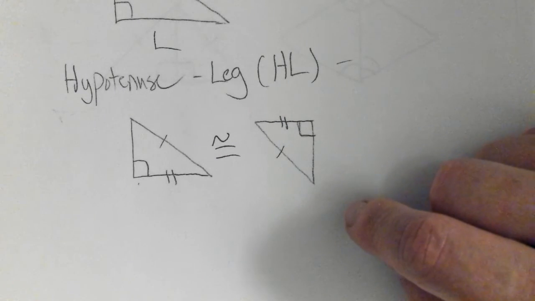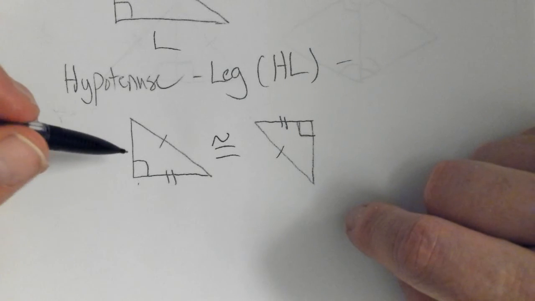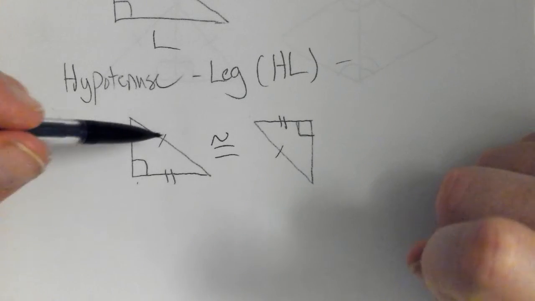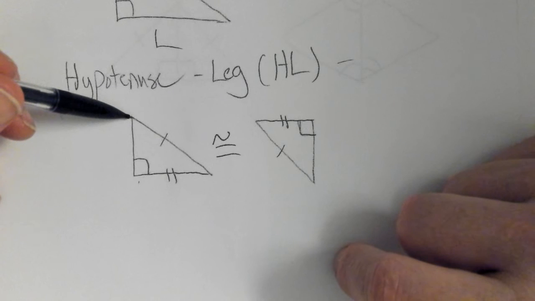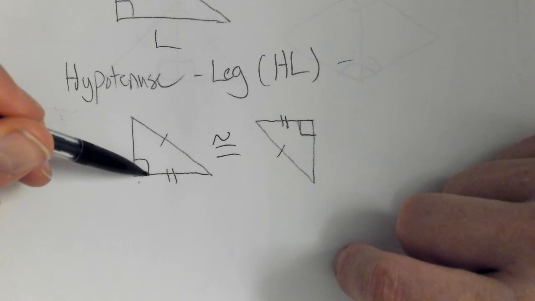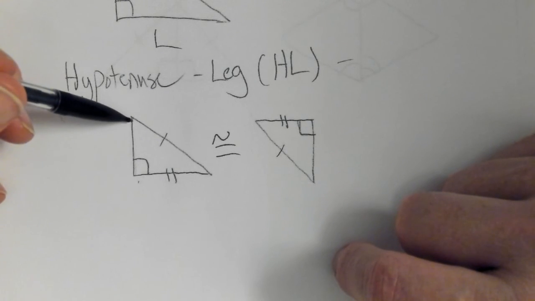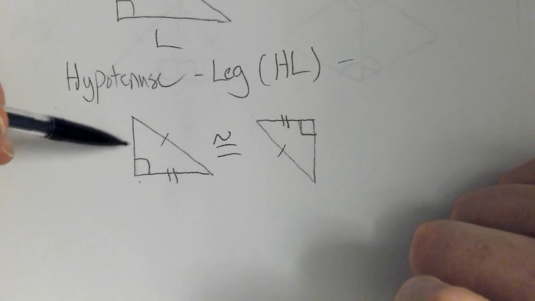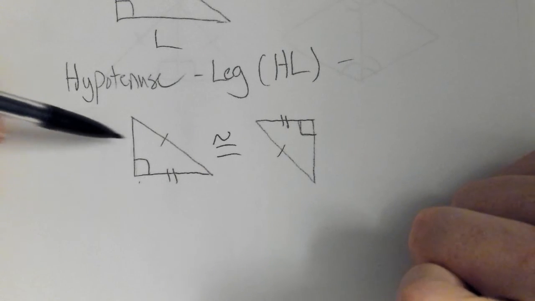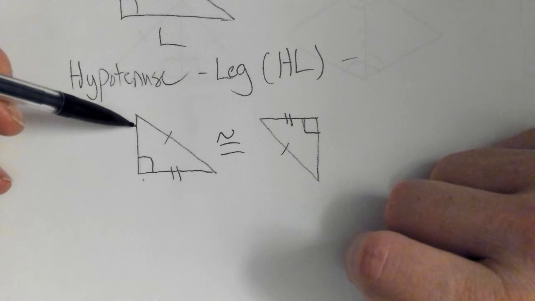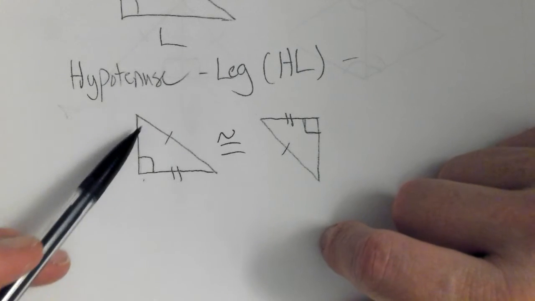In other words, what we mean by that is this. I can take this side, if this wasn't locked down at 90 degrees, and I could move it over here to this side.